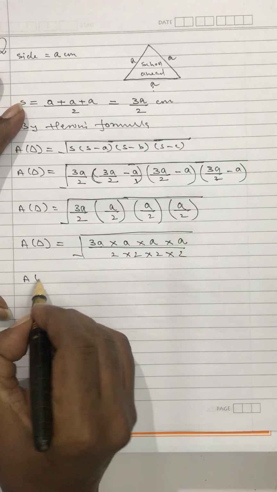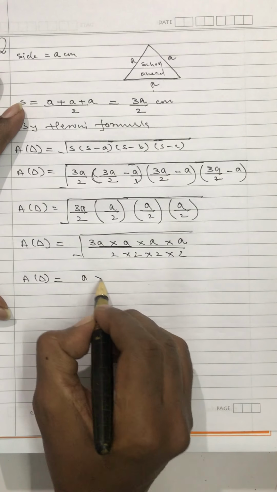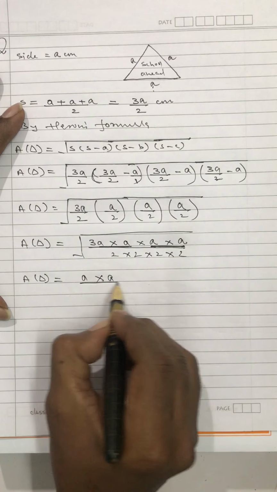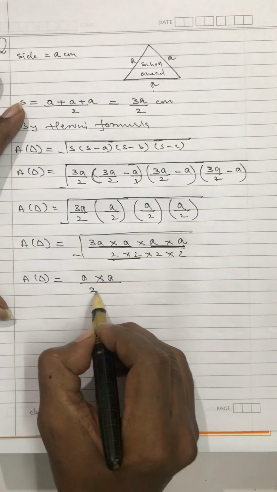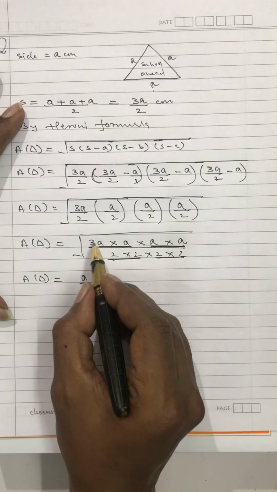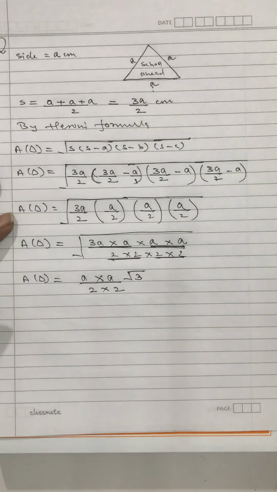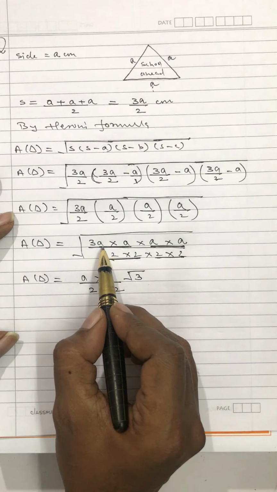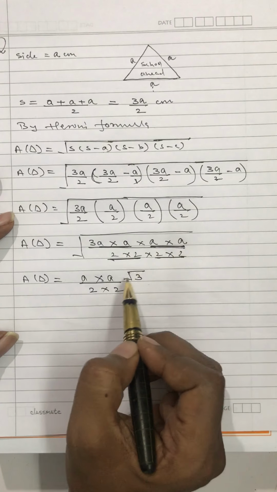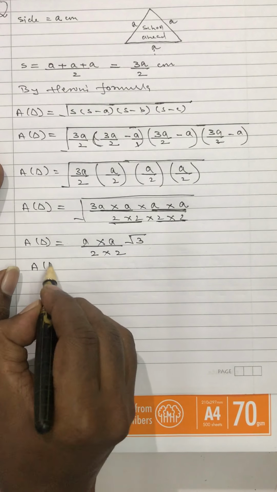Now if I start solving, this A will pair up and get out of the root, this A also, and in the denominator these two 2's will become one 2 and get out, and this 2 2 will become one 2 and get out. Only 3 does not have any pair, so it will stay inside. Whatever is in the numerator stays in the numerator.